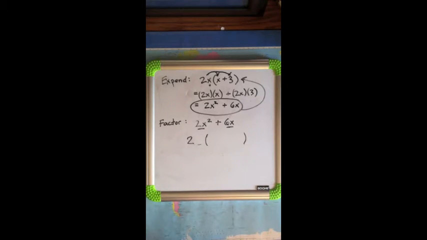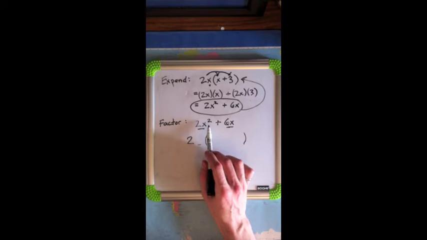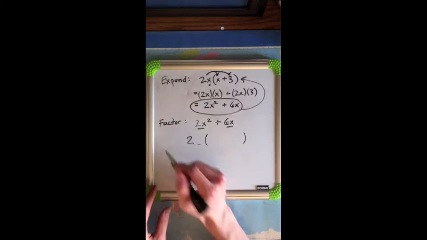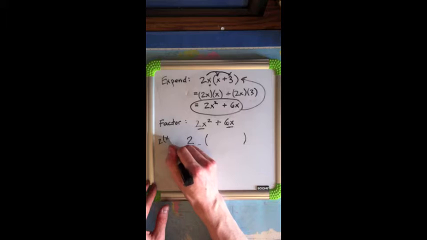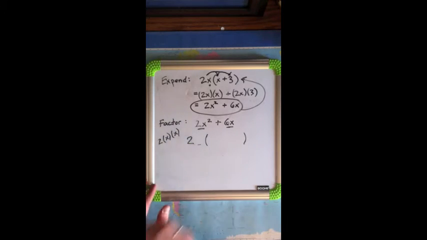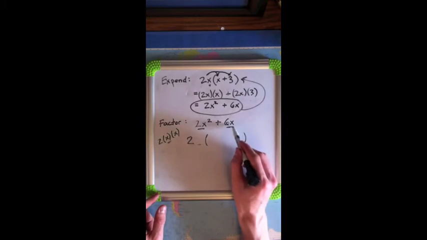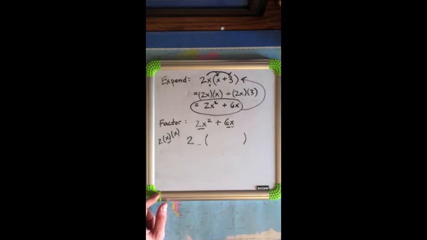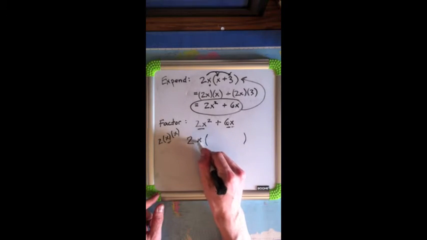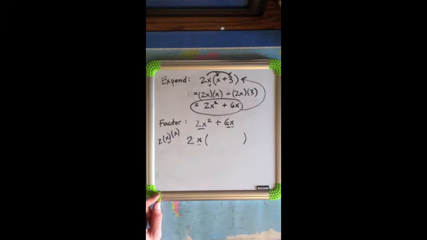The reason being, 2x squared is really just 2 times x times x. So you can see one of these x's is common with this x over here. So what we're able to do is also pull that out and put that outside of the brackets as well.